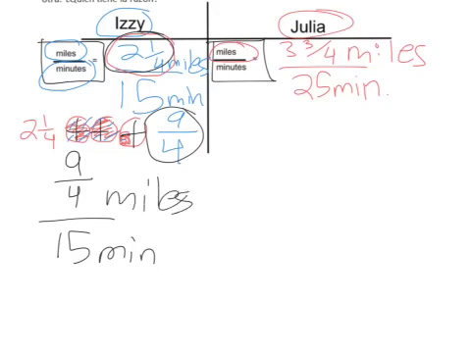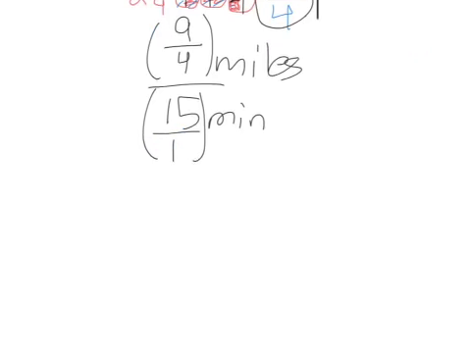Now to find the unit rate, what we have to do is divide. So we're dividing this fraction by this number, which we can turn into a fraction by putting it over 1. Now, to divide these two fractions, we need to use inverse operations. So this bar means divide.